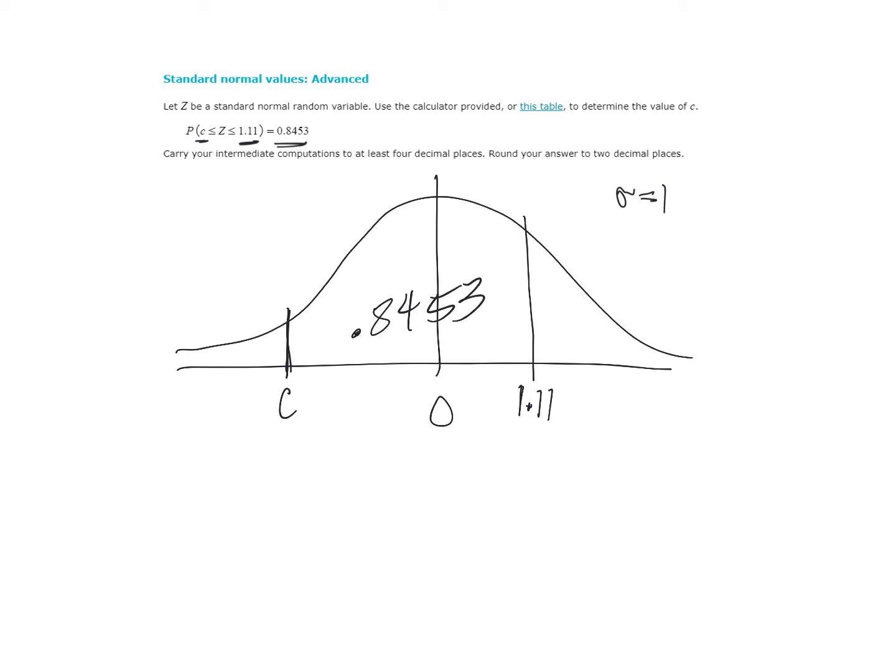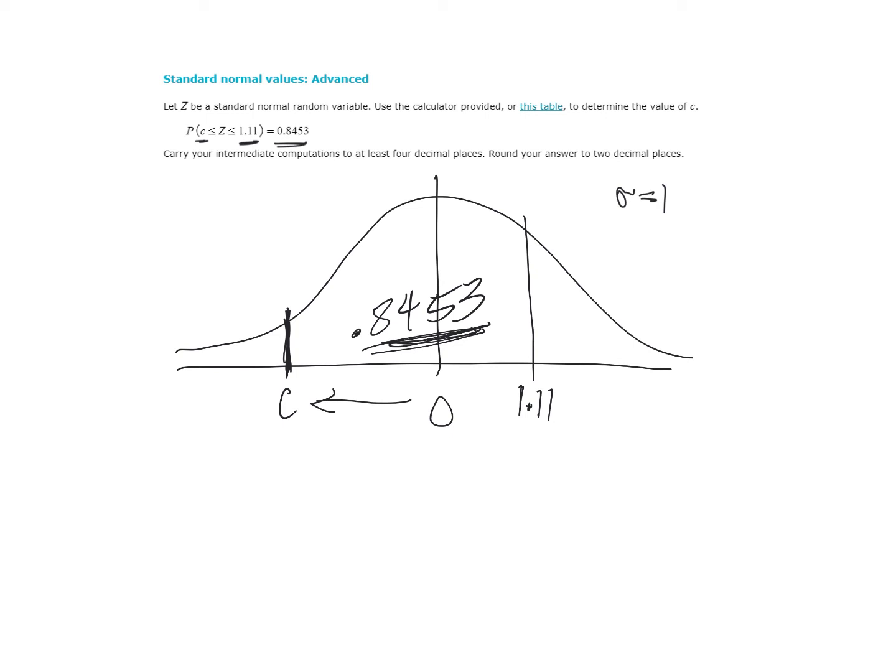So this area between these two marks, that's the area. So that's over 0.5. So I know that's more than half. So it's got to reach over here somewhere. The question is, what is this number? How many standard deviations do I need to come this way in order to get this much area in between here? Okay, so this is a two-step problem.